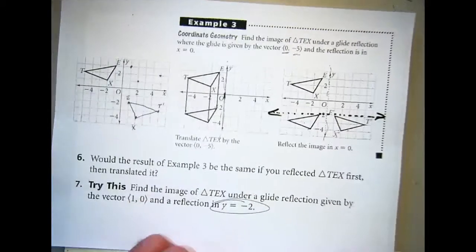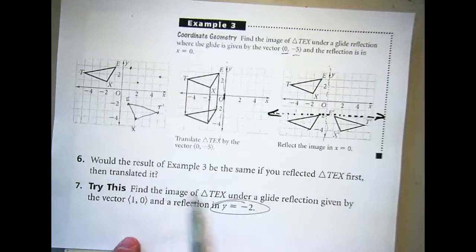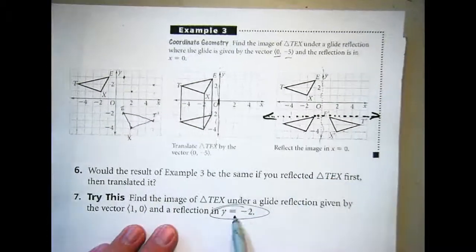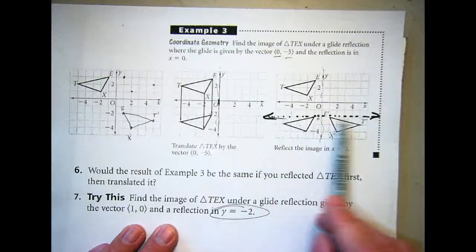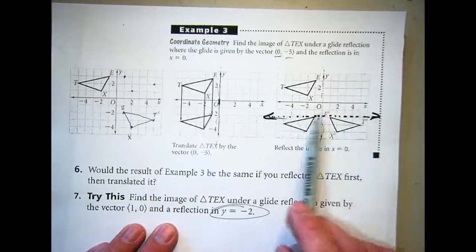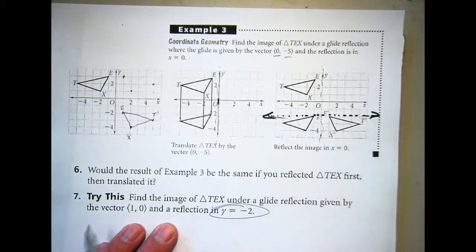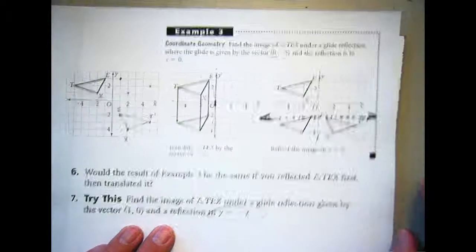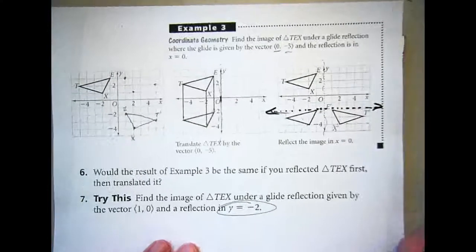It's a big deal when you're dealing with reflection. So I'm not going to actually find the image of a glide reflection of this. But when I'm reflecting across y equals negative 2, that is that line. That's an important piece. If it's y equals, it only crosses the y-axis. If it's x equals, it only crosses the x-axis. Okay? If you didn't learn that in algebra, that's something you definitely want to write down, or if you'd forgotten it. Okay? Any questions?